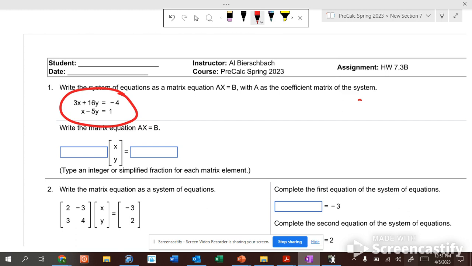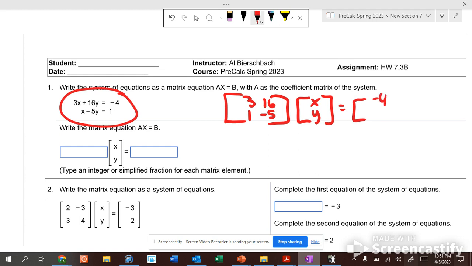So the matrices you set up are 3 and 16, 1, negative 5, times x, y equals negative 4 and 1. Okay? That's the matrices you set up when you're solving equations.